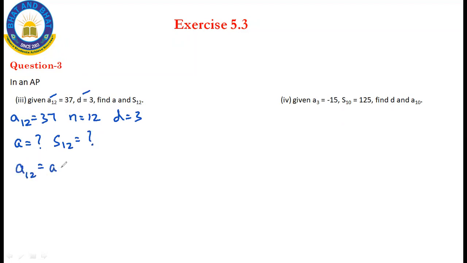a12 is equal to a plus 12 minus 1 into d. a12 is 37 is equal to a, which we have to find out, plus 11 into 3. Therefore, a is equal to 4. Is that correct?